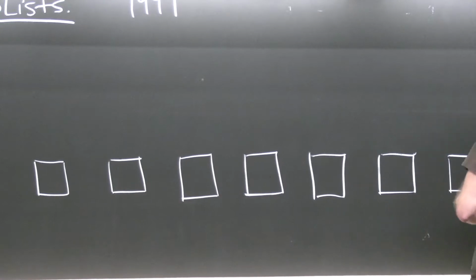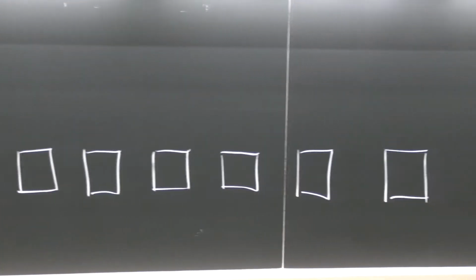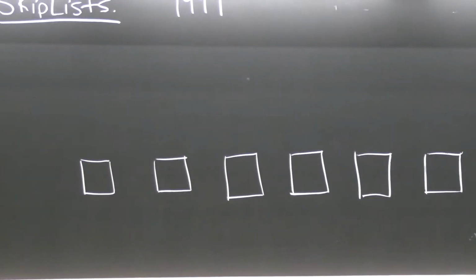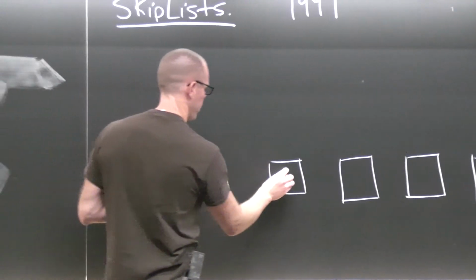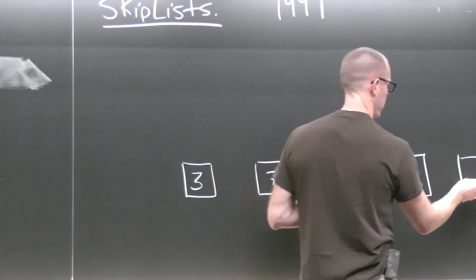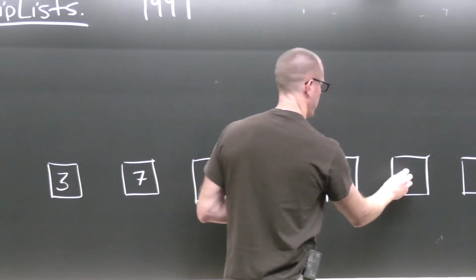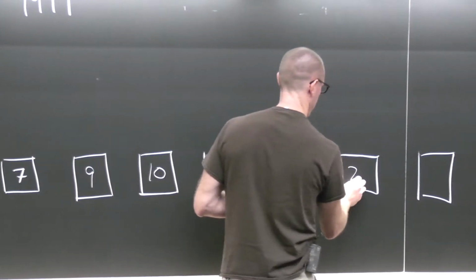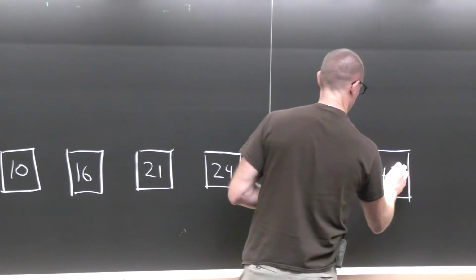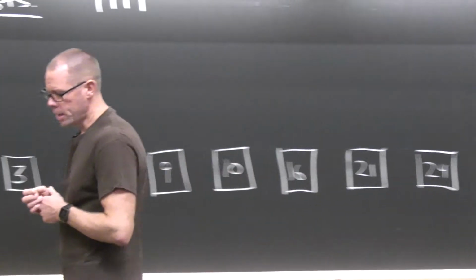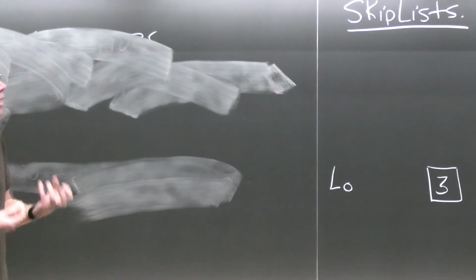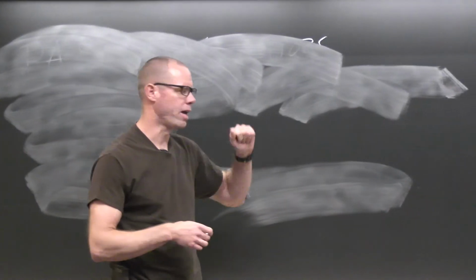I hope this is not going to take too long. All right, let's put something in here that we can put an order on. Let's say 3, 7, 9, 10. To make a skip list, one way to think of it is you start with a list that you already have.